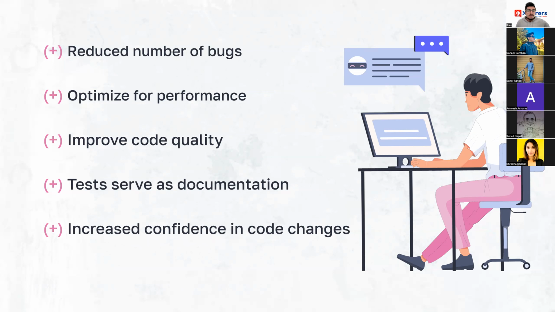You can also optimize performance, because in your testing you can give it very large inputs and very small inputs, and make sure that the code performs as expected. This improves code quality in the long run, I would say, because once you have tests and coverage in all your repositories and your team follows that pattern, that ensures good code quality over the long run because you're writing good code from the start.